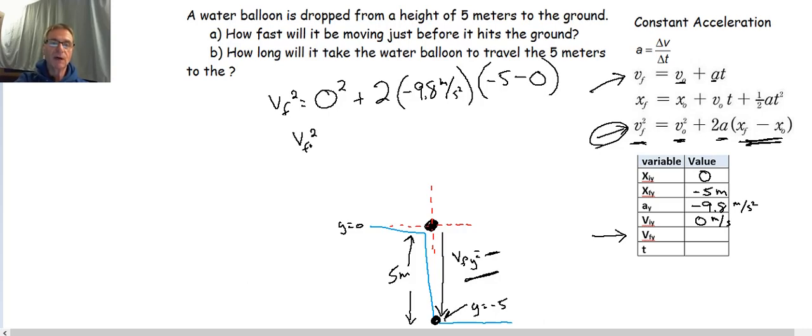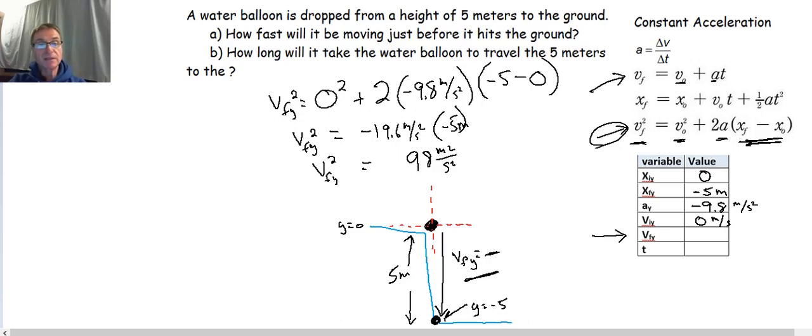squared in the y direction, should put a y there, is equal to 2 times negative 9.8, which is negative 19.6 meters per second squared, times negative 5. All right? And when we multiply negative 19.6 times negative 5, we get a positive 98 meters squared per second squared, and I should have the meters in there, always include the units, is equal to v final in the y dimension squared.